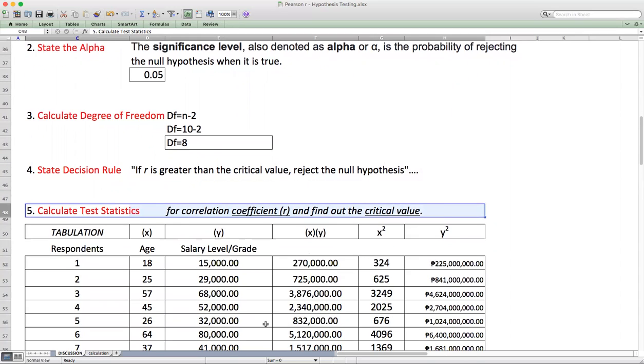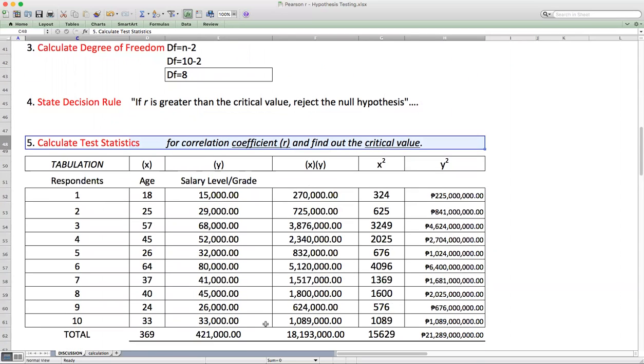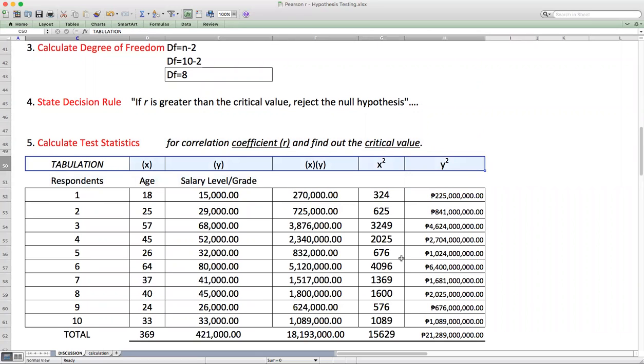So first thing first, we have to make a tabulation. So our tabulation would be like this. Just copy the respondents and the age and the salary level or the grade. Then let age be your X and your salary level be your Y. And then you must have your XY, wherein you multiply the age by the salary level for all the respondents.